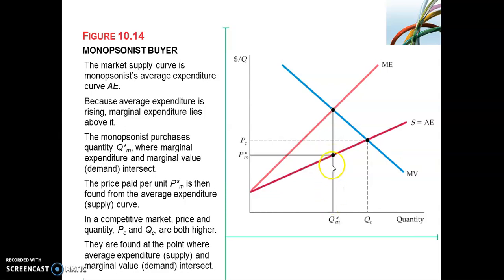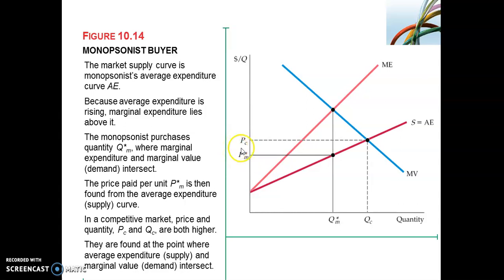So if you trace this up to the supply curve, for this quantity QM star, the price the monopsonist pays is given by PM star, again M for monopsonist. So this is the price that the monopsonist pays.